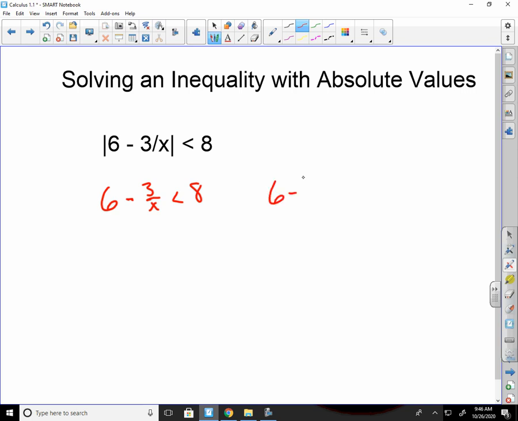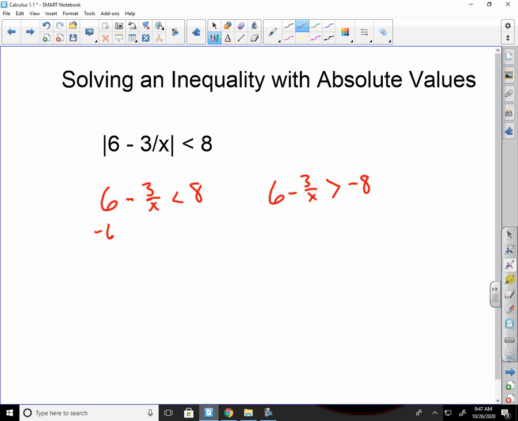Then when I rewrite that, 6 minus 3 over x, make that negative 8. Whenever I make this negative, I have to flip my inequality. It's going to become greater than negative 8. You have to do that every time. It's because it's like we're multiplying by a negative.